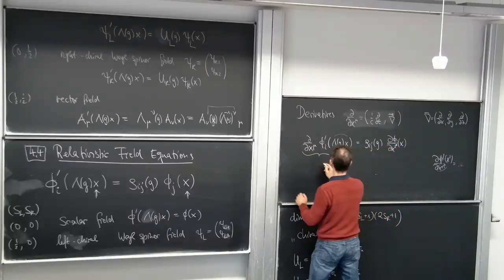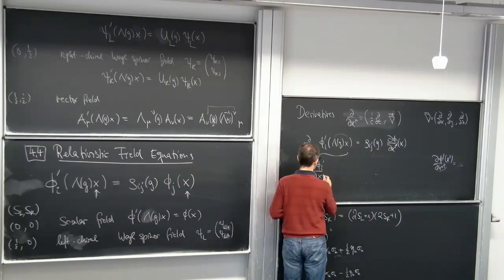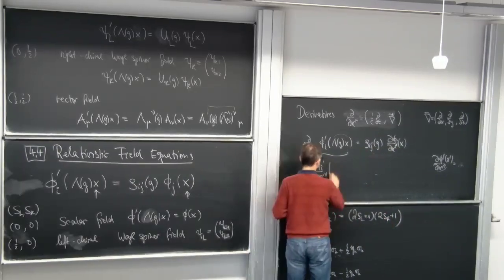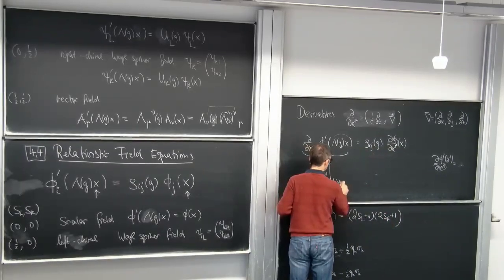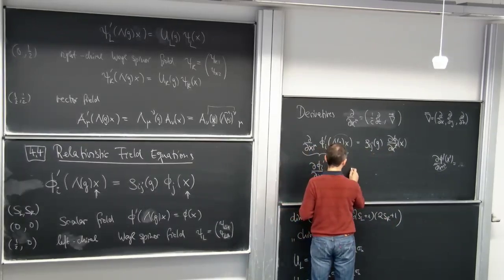This is the derivative of phi i prime with respect to the argument, which I call x prime, now give me some index mu. And when I'm done, I plug back in what was there. And now the inner derivative is then of the d lambda.